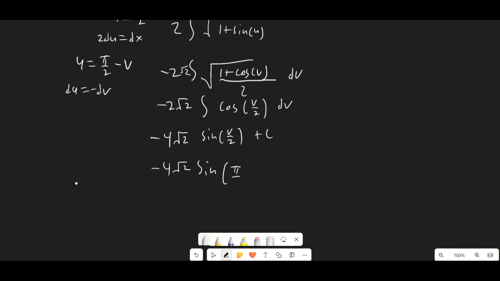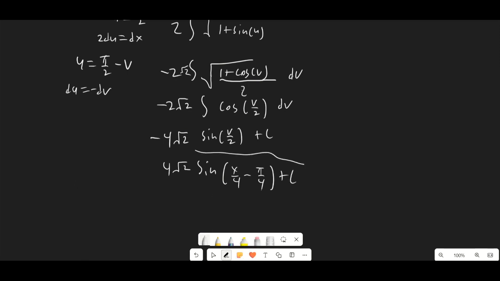So we're going to get pi over 4 minus x over 4, which just looks terrible. We could rewrite this as x over 4 minus pi over 4, and then make this positive, plus c.